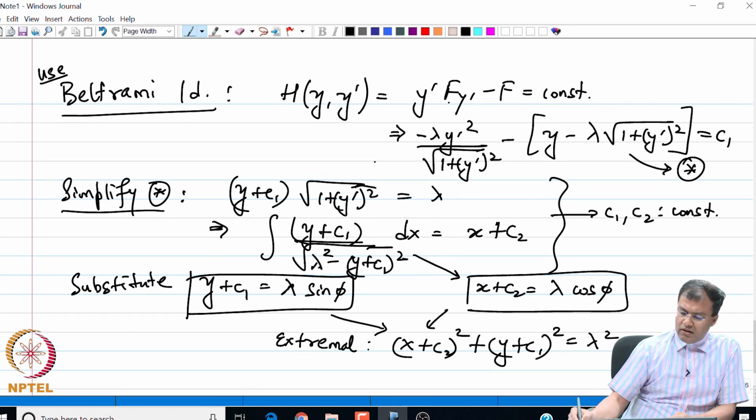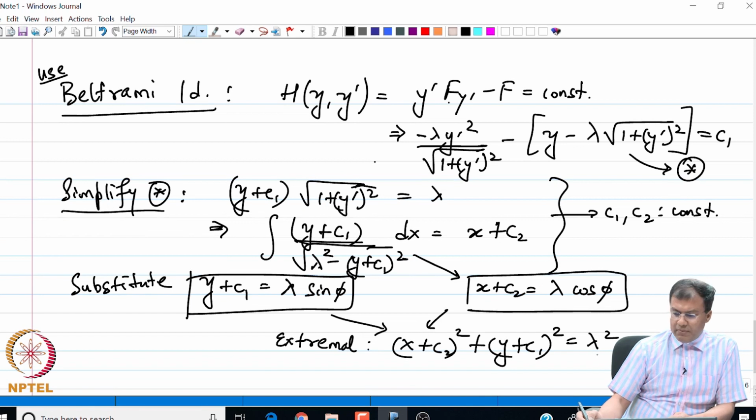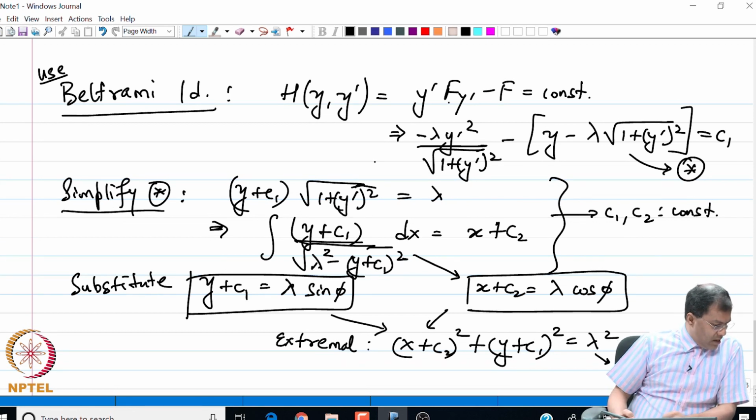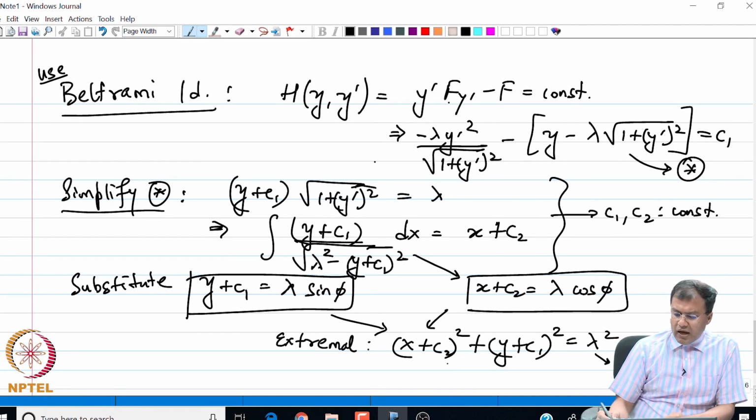So, this implies that the extremal lies on the circle with radius lambda. So, lambda is the radius of the circle, right. Okay. So, all that remains now is to eliminate these constants C1 and C2 by using our boundary conditions, right.